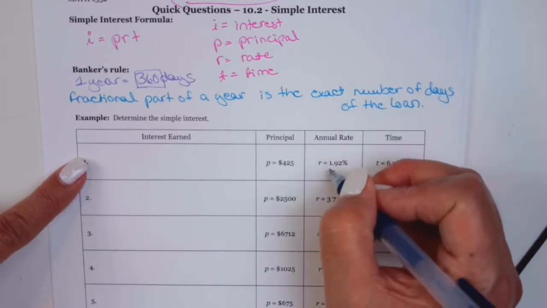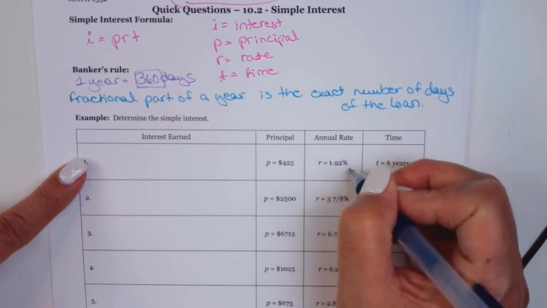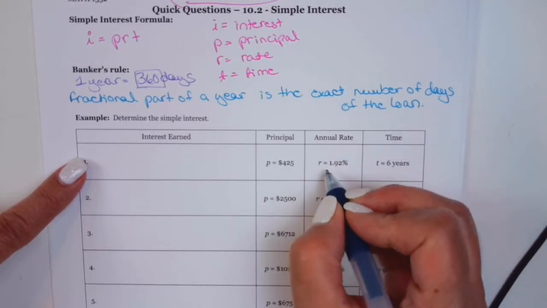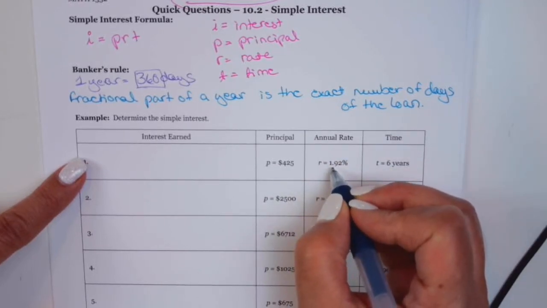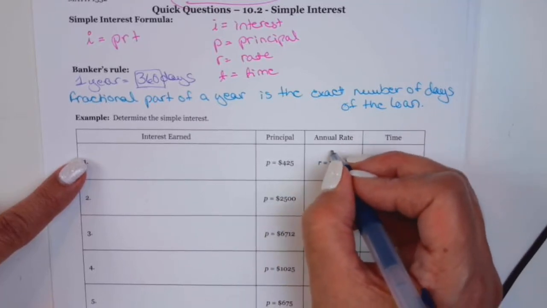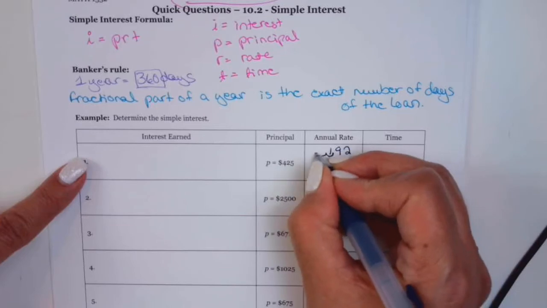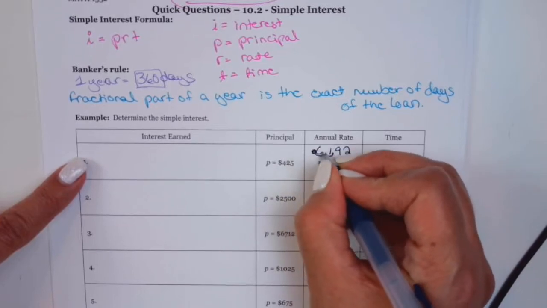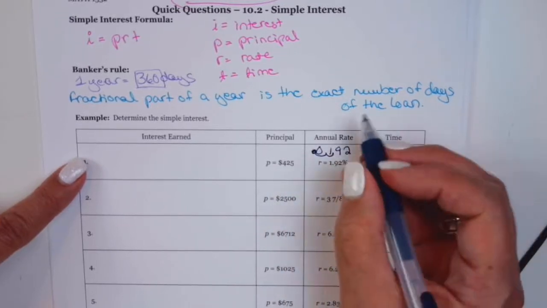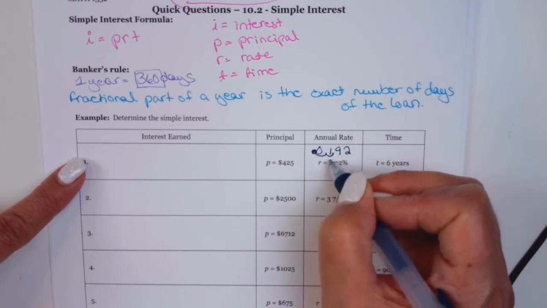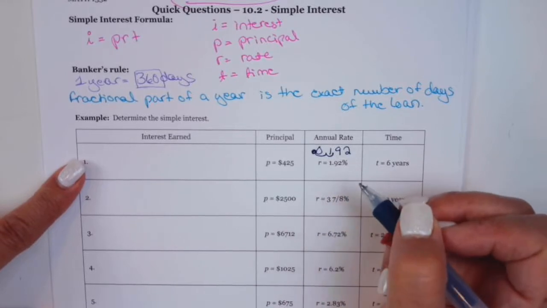And again, remember when we are converting to decimals, we are dividing by 100. And when we divide by 100, we're moving this decimal point 2 to the left. So it goes over here and we put a 0 in front. So it's 0.0192.